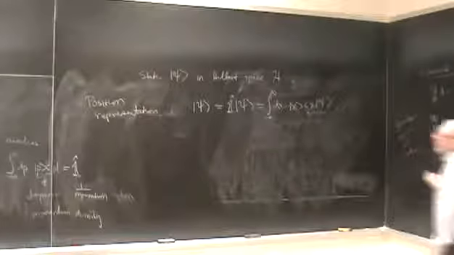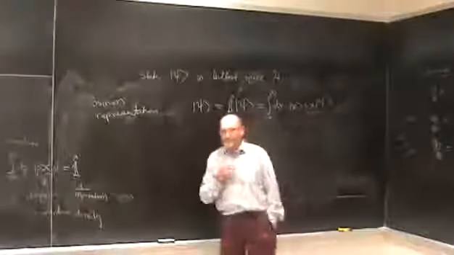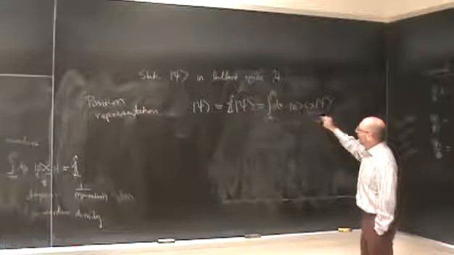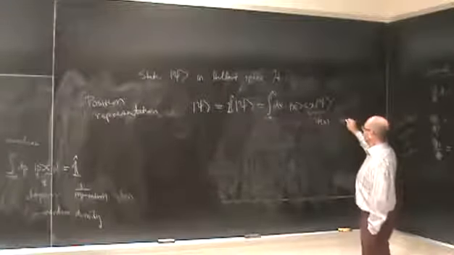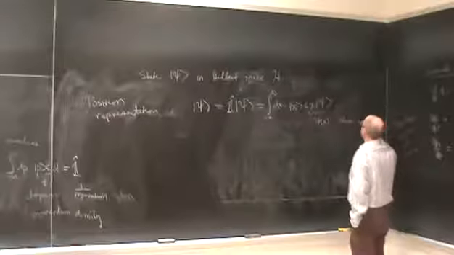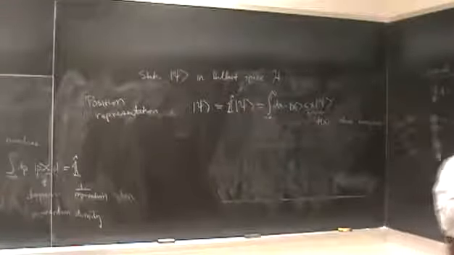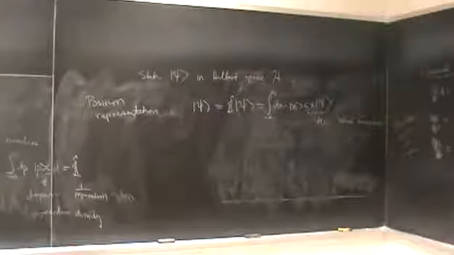But now it's a continuous variable basis. And this is called the wave function. So the wave function is nothing but the representation of the state in position.